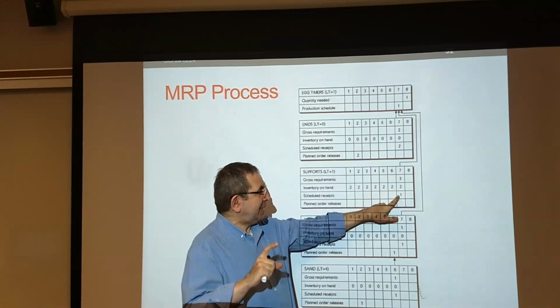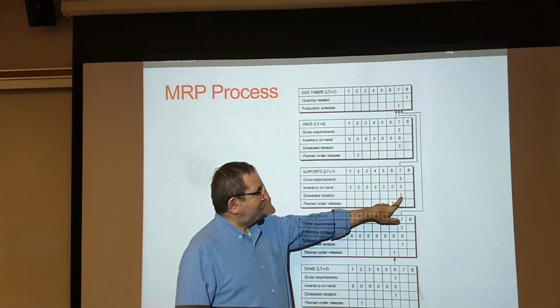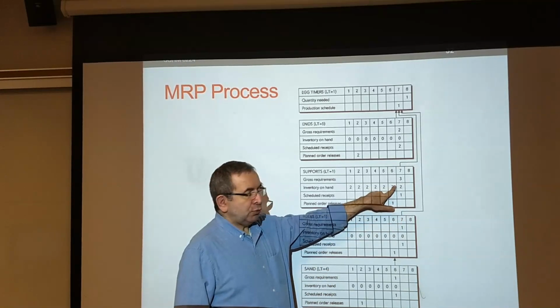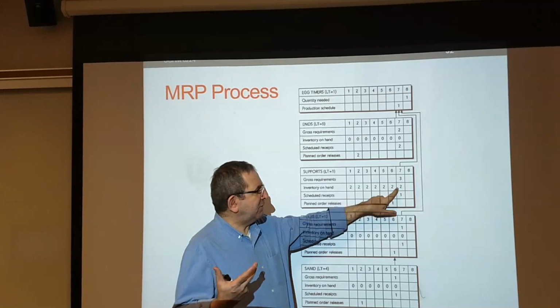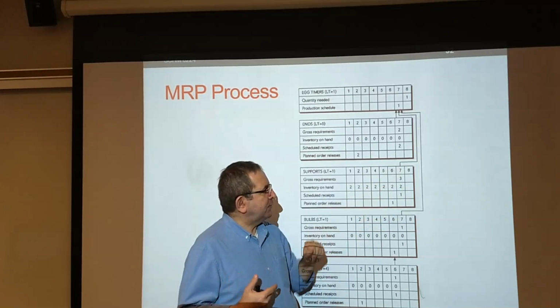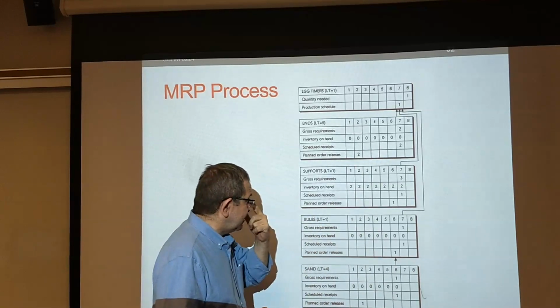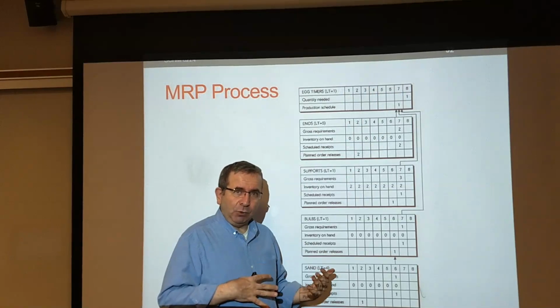That's good, but I need 1 more support. I need 1 support delivered in period 7 so that 2 in the warehouse plus 1 delivered in period 7 should give me a total of 3 supports.